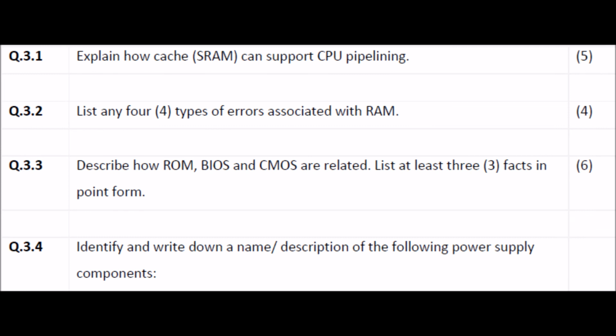So ROM is a storage platform for the BIOS, which is your firmware, and then obviously you've got CMOS, which helps read the BIOS. So technically, the CMOS's main purpose is to enable you to read what is incorporated within BIOS.